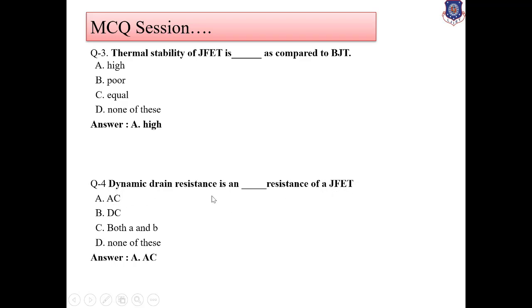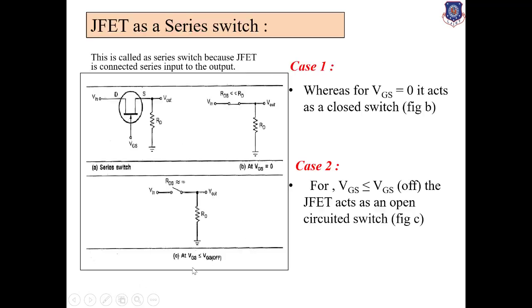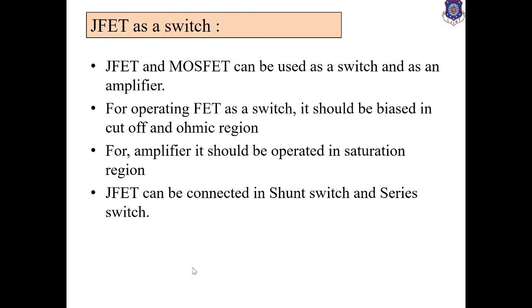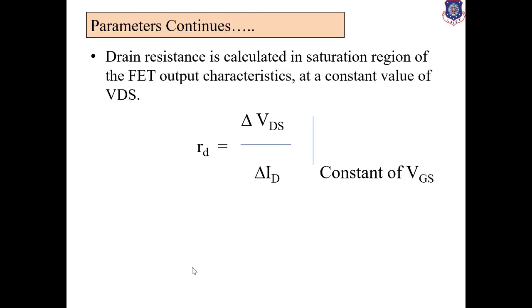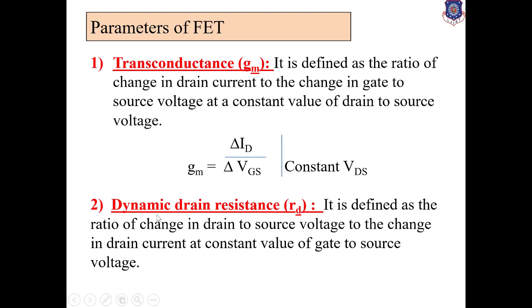AC. Dynamic drain resistance is the AC resistance of JFET, and that's why we write it in small letters. DC resistances are written in capital letters, but dynamic drain resistance is always written in small letters because it is defined for AC analysis.